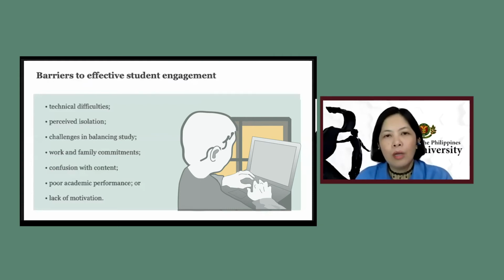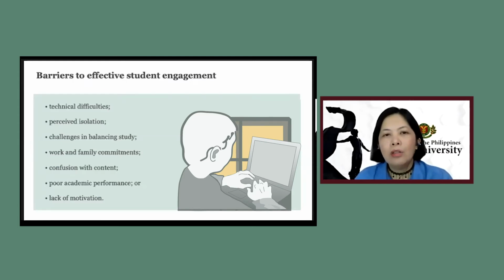So we all know that our students are social beings. They thrive on going out with their friends and their peers, and then suddenly they're in a learning environment wherein they have to work on their own, do things on their own, not being able to socialize and communicate with friends and peers.